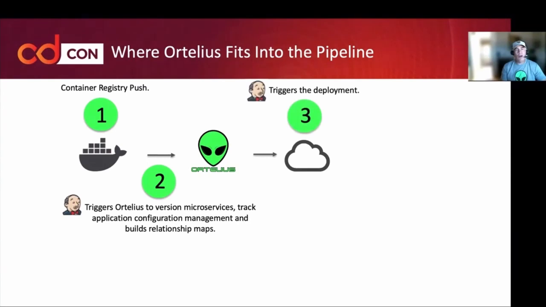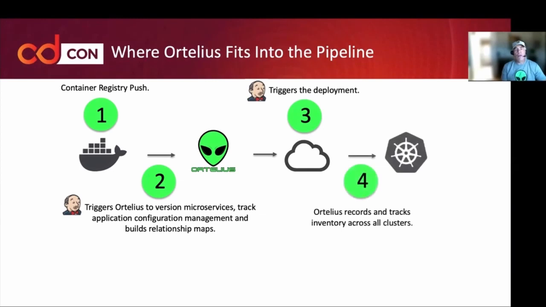Depending on how we set up our pipeline, if we're going to do an automatic deployment or if we're going to have a gated pipeline, it doesn't really matter to Ortelius, but we will need to do a deployment. The deployment can be done by Ortelius. It has a deployment engine built in, or you can use another deployment tool and Ortelius will record what that other deployment tool has done.